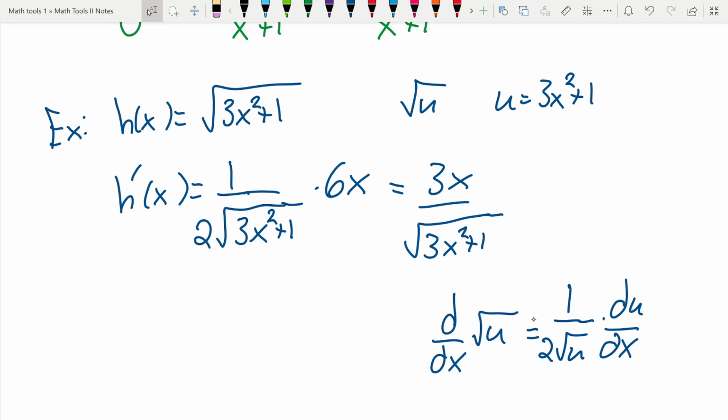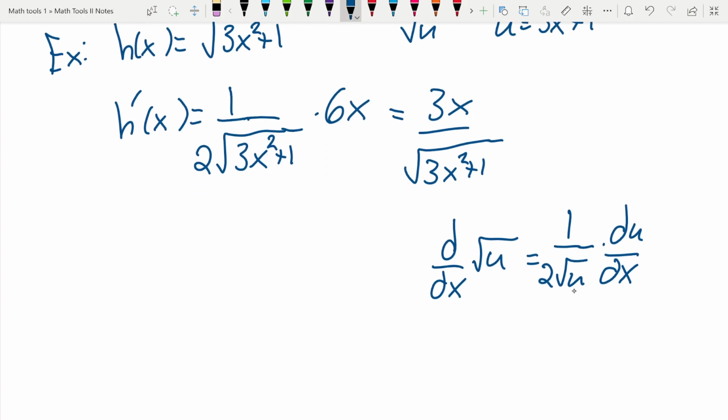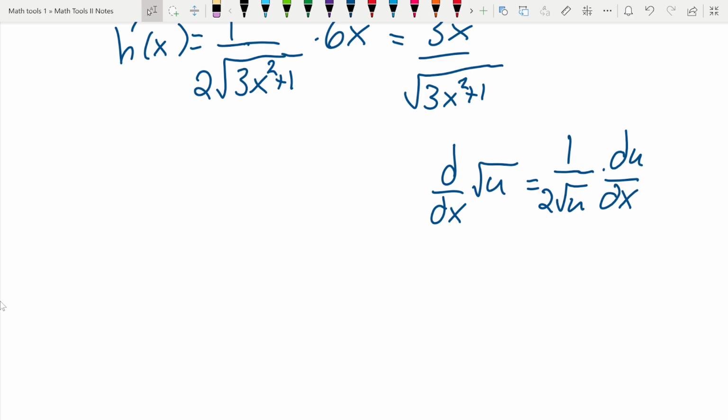So the derivative of h with respect to u times the derivative of u with respect to x. Okay, so definitely try a lot of these. Practice with these. This is, like I said, kind of like the final hurdle. Like once you can do the chain rule, you can basically take the derivative of anything.